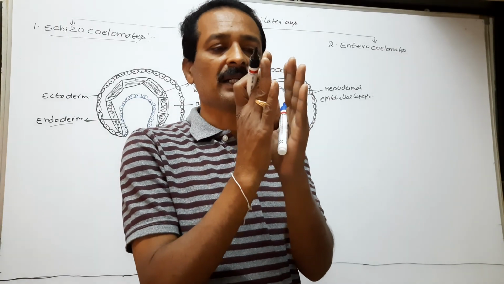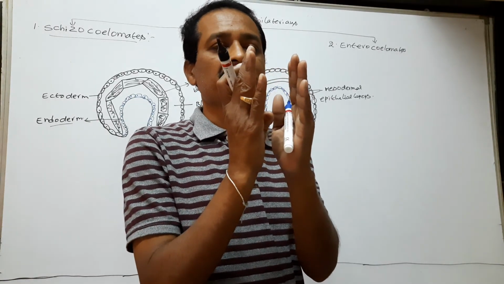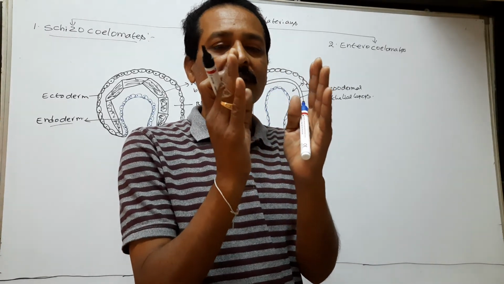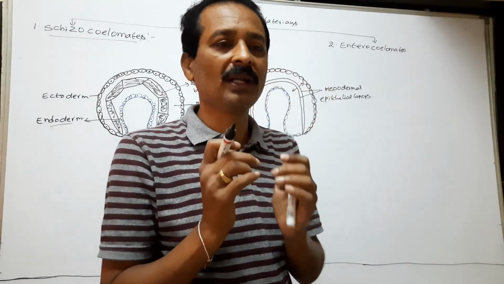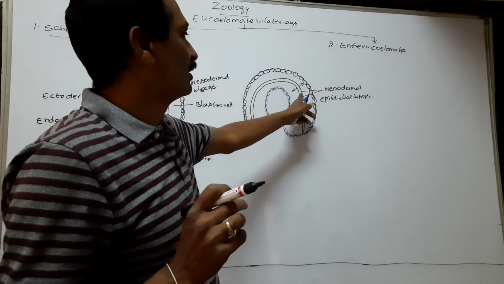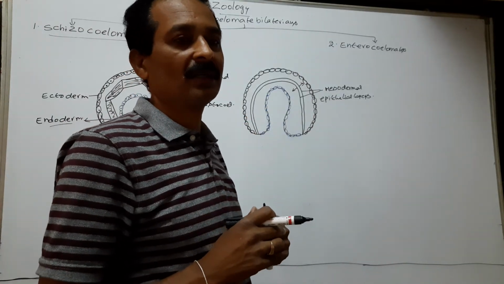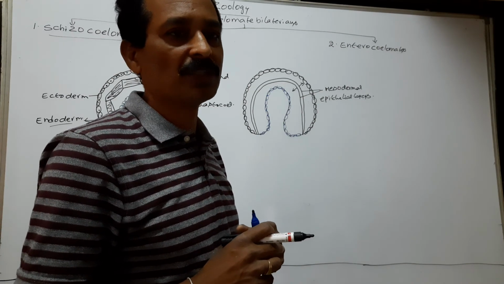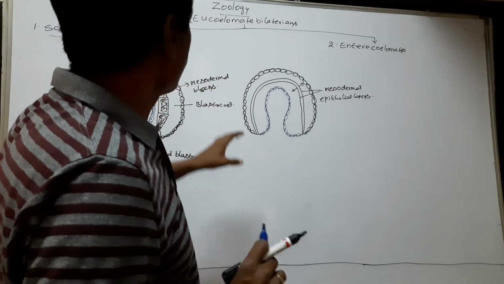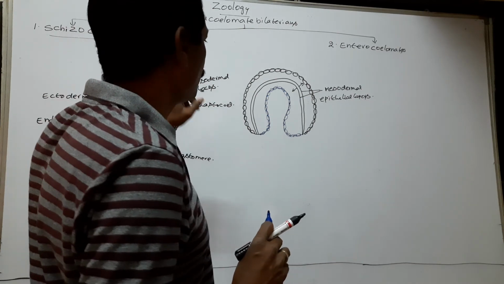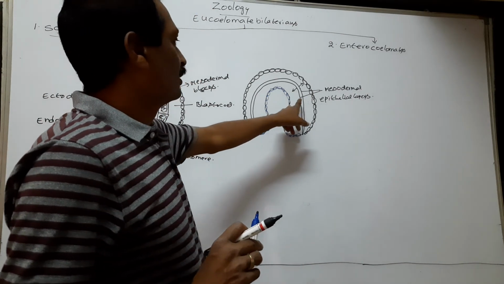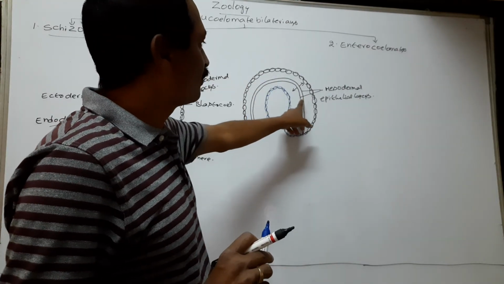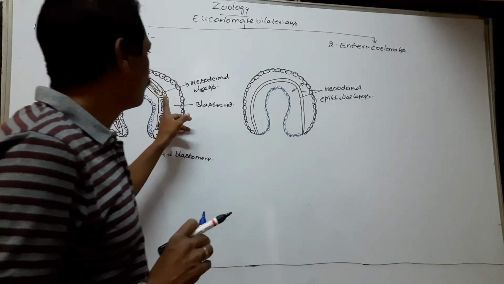In this process, a new space or new cavity arises between these two mesodermal layers. This new space is called eucoelom or true coelom. So, in the schizocoelomates, the true coelom is formed by the splitting of mesodermal blocks.